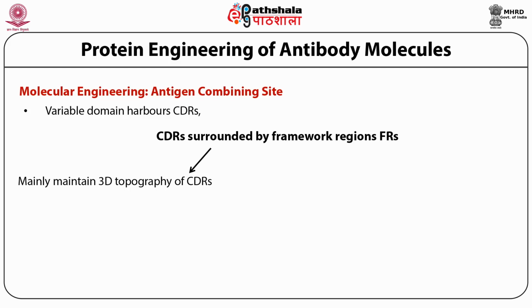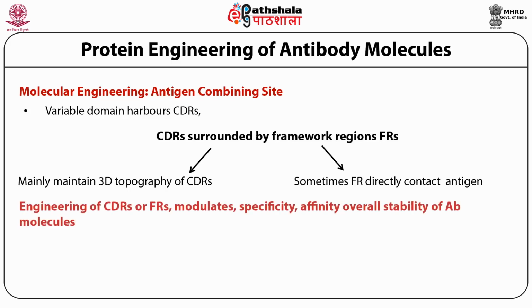But in many cases it has been seen that residues from the FR make direct contact with the antigen. So in both cases, random as well as specific mutagenesis can target the CDRs as well as framework regions. By engineering the CDRs or the FRs, one can modulate the specificity, affinity and overall stability of an antibody molecule.